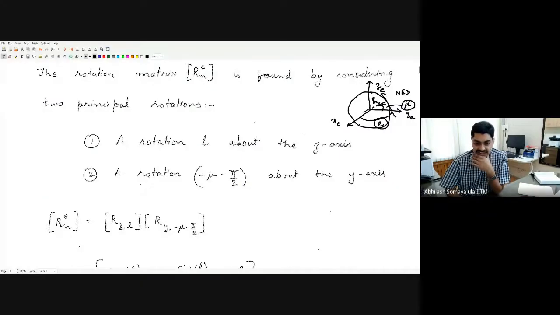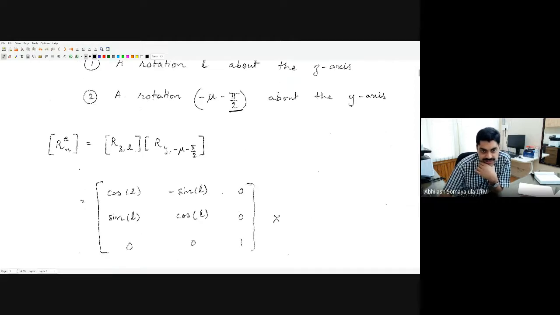Okay, so the rotation L is about the z-axis, which is about the longitude, and then the rotation is about minus mu minus pi by 2, which is about the y-axis. You will wonder why this minus pi by 2 has come into the picture. That is to make the range of the angle proper.